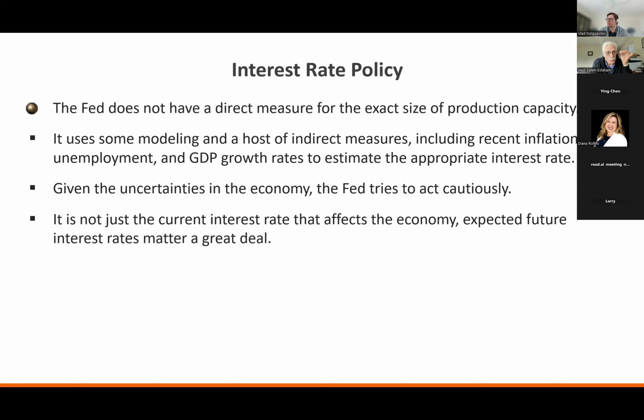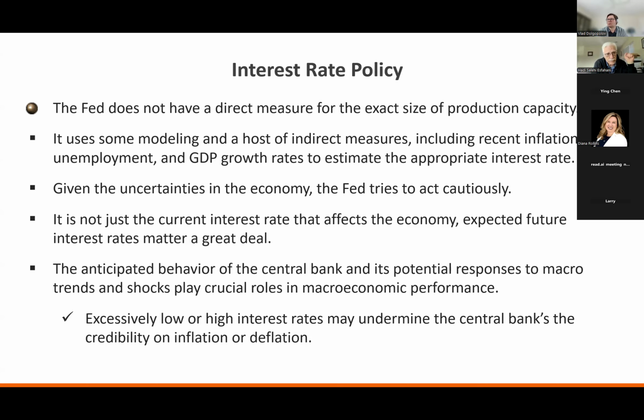And so that issue is very important for traders and investors to take into account where they invest and how much they invest and how much they keep as cash. Basically, the portfolio that they want to hold is going to depend on how they perceive where the Fed is going.